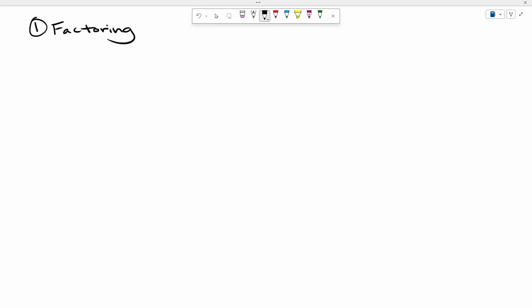So first, factoring. And the key with factoring is, like I said, what's called the zero product principle. And what this states is that if the product of two algebraic expressions is 0, then at least one of the factors is equal to 0.